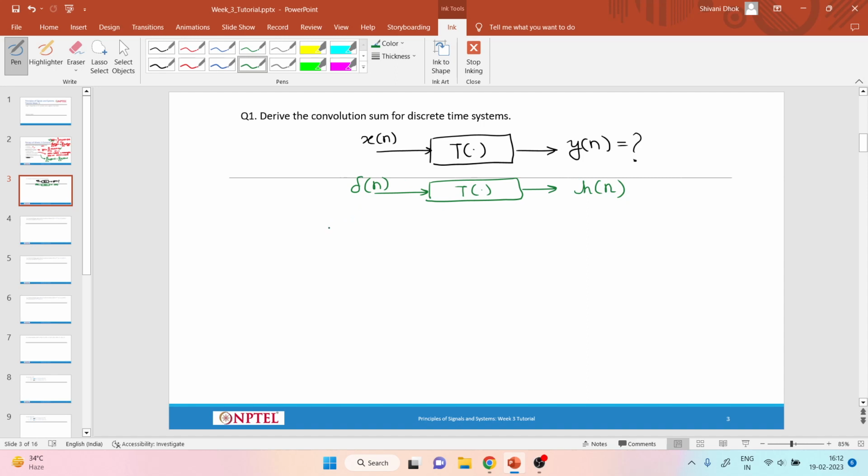Now let us shift this input by some factor k. Let's delay it. Now since my system is LTI, we will use the time invariance property and we'll have the shifted output, and the shift will be the same as the shift in input. So this is time invariance.